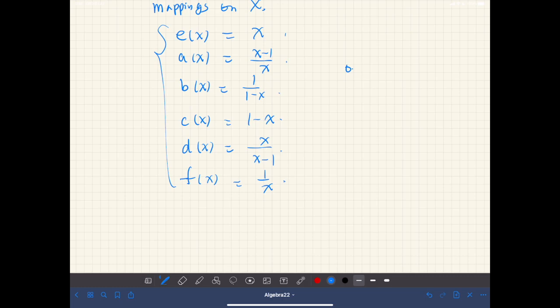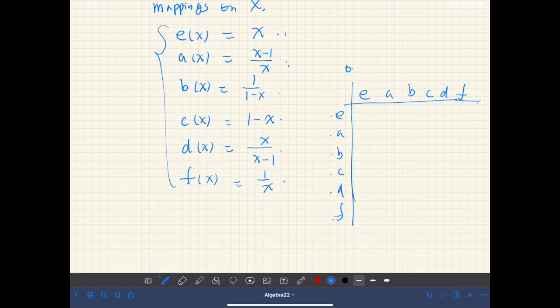To check the closure condition, you should construct the Cayley table. So try to make this kind of table: e, a, b, c, d, f along the rows and columns.